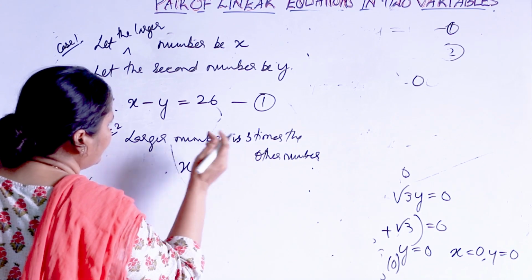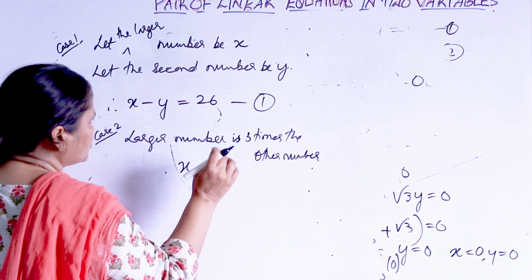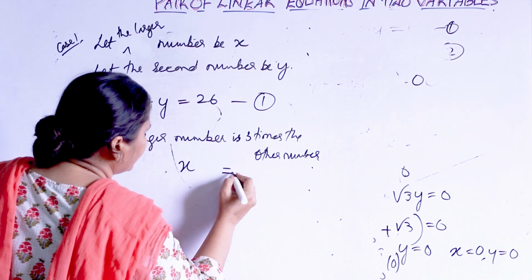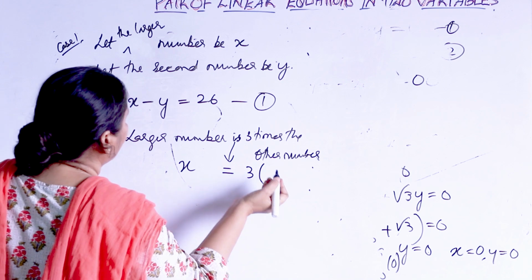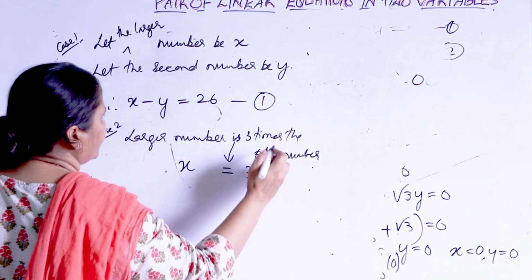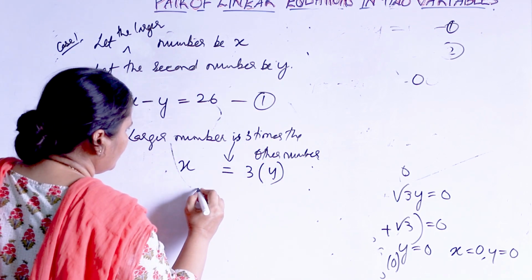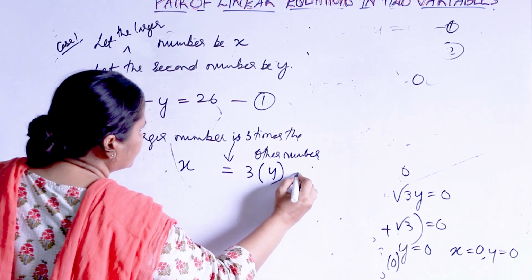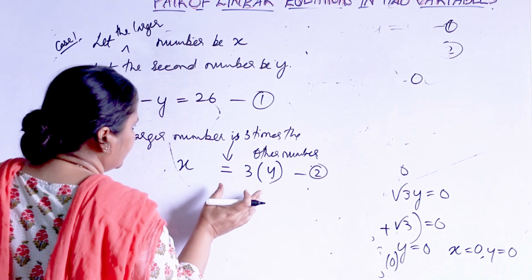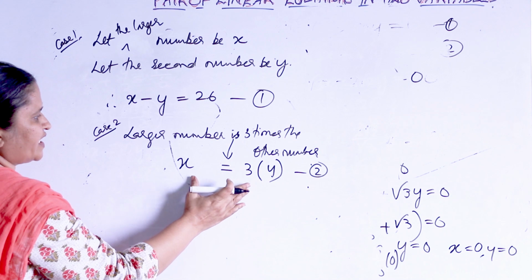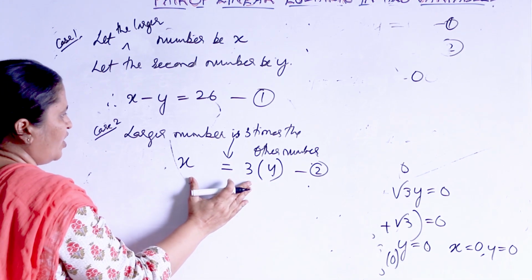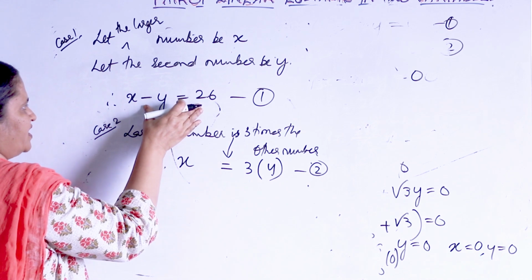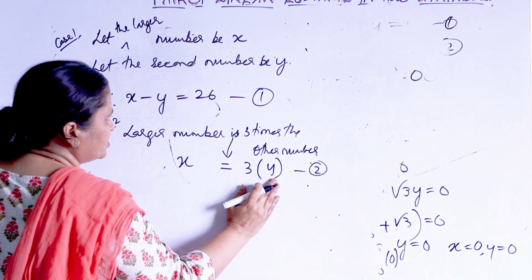Is, as I told you in my previous sessions, is, was, will be, should be written as equals. 3 times the other number is what? Y. So, x is equal to 3y. Now, you already have the second equation ready in the form which can be substituted here. X is equal to 3y.